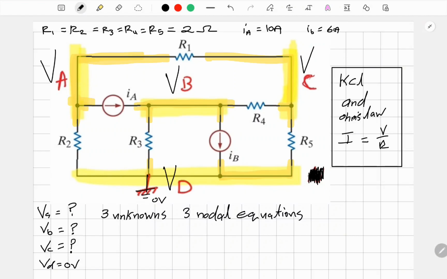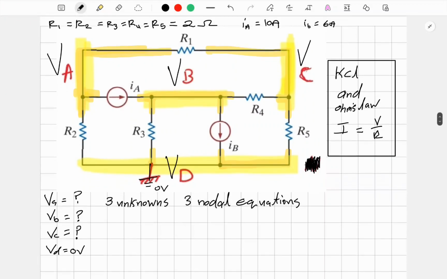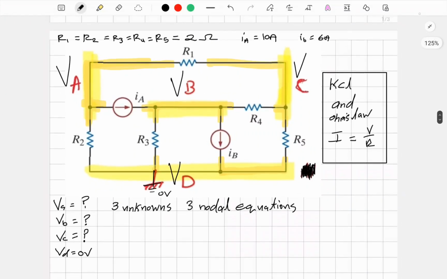Now my next step is to actually write the nodal equations. I'm going to start in the order from A, B, C, and I'm going to be writing my nodal equations in the order of A, B, C to make it look nicer and easier to enter in my matrix. So I'm going to be writing KCL at VA.